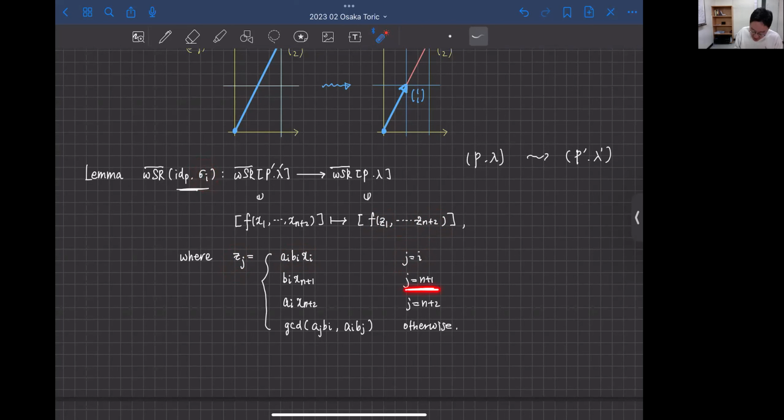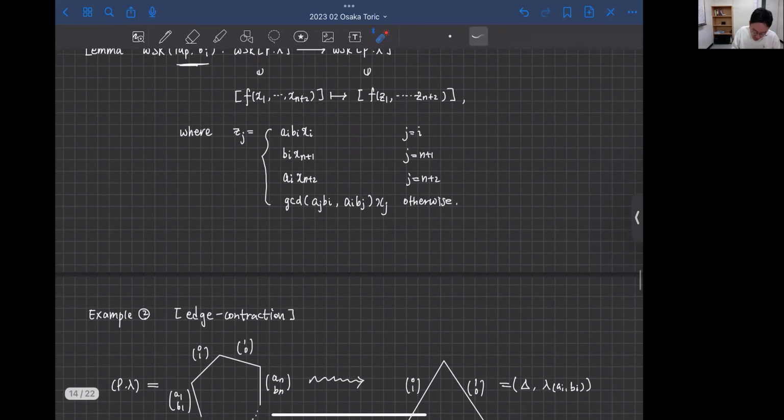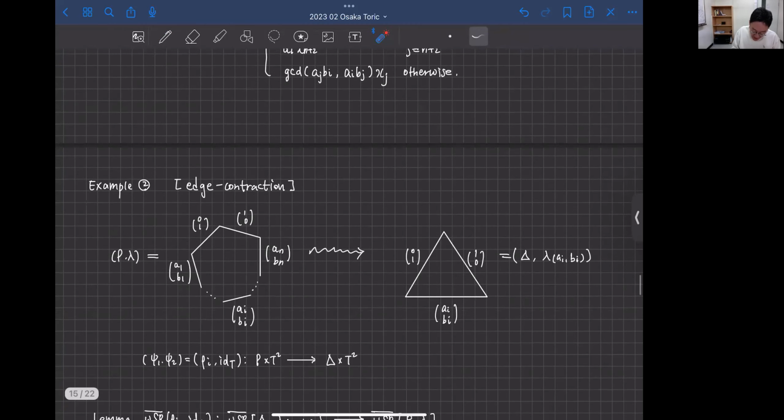For n plus 1, we have bi times x(n+1), and for n plus 2, we have ai times x(n+2), and in the other indices, we have xj. Some details, but there's a computational result at the level of the weighted Stanley-Reisner ring. My second example is the edge contraction.